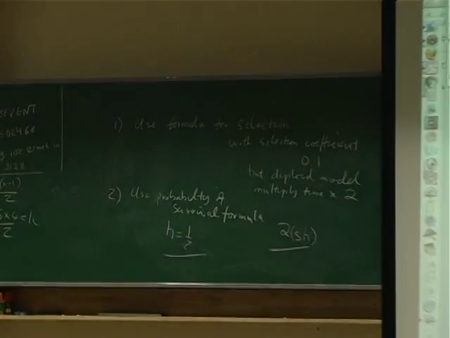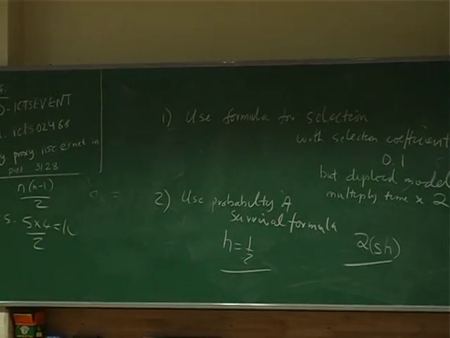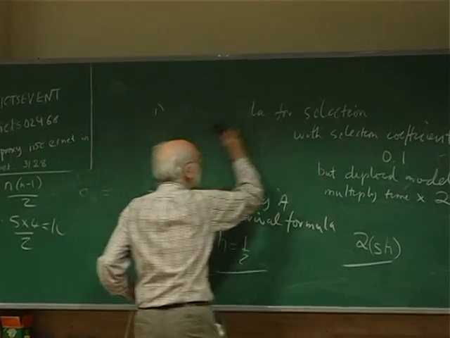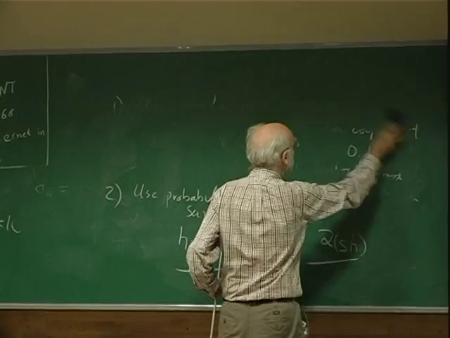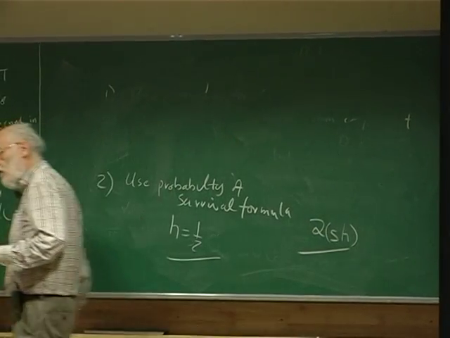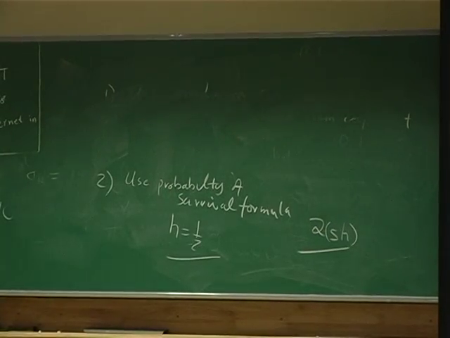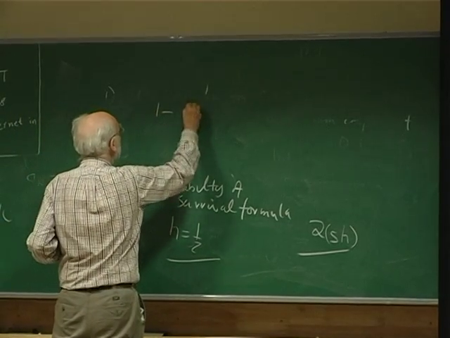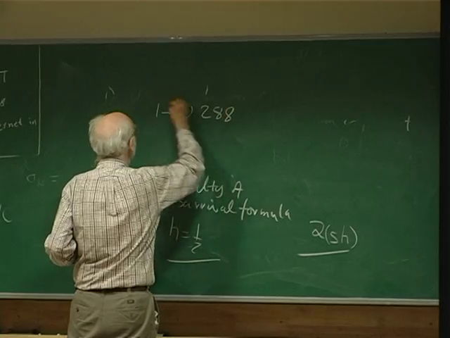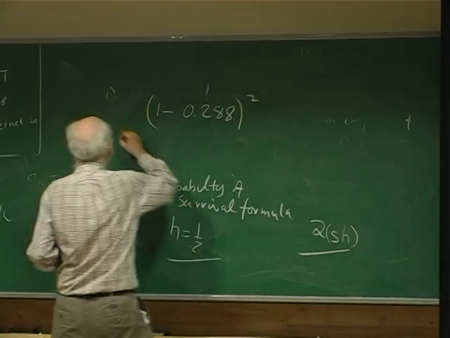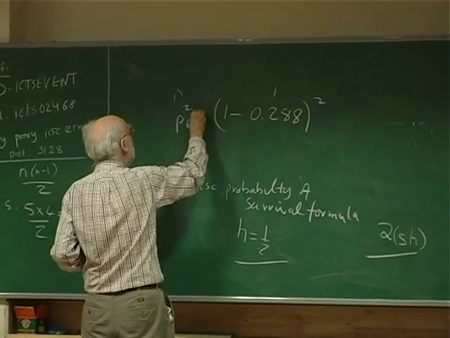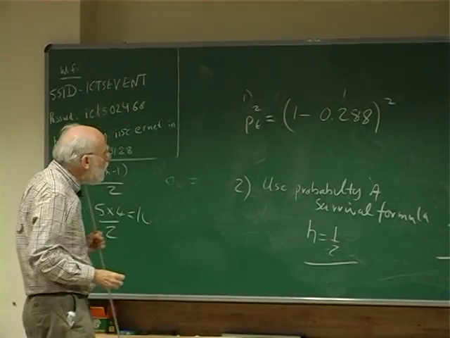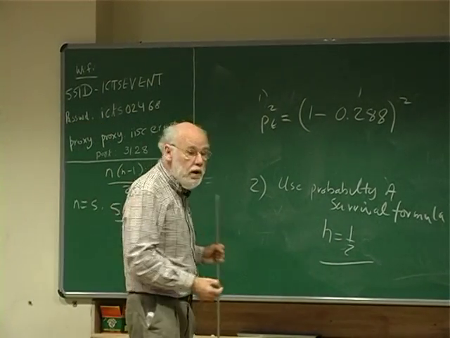It's not the frequency of the allele. This is kind of a slightly trick question. So the non-melanics are the individuals who are homozygous for the normal form. So their frequency is 1 minus 0.288, all squared, right?